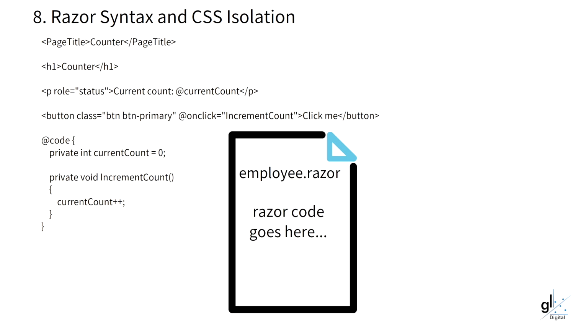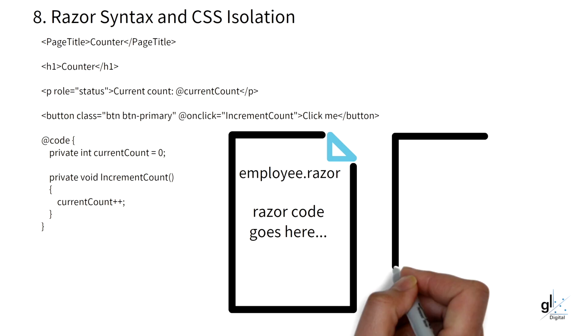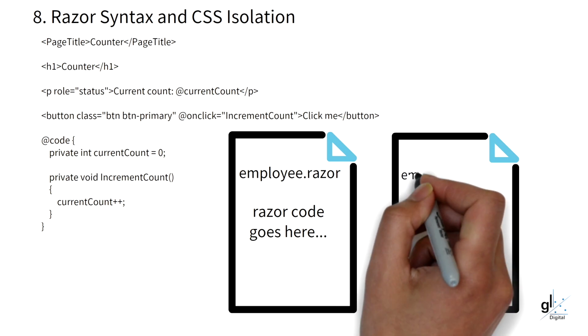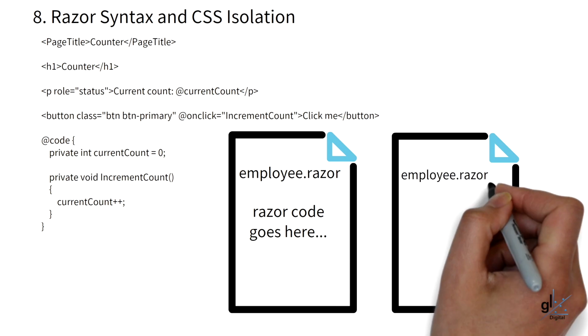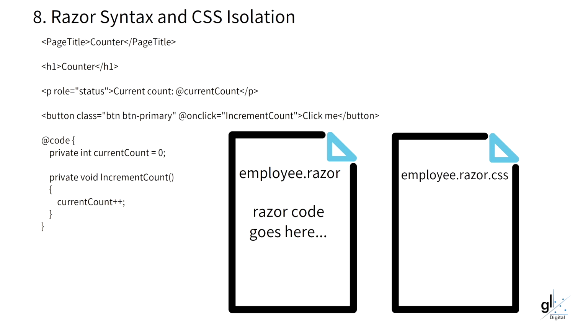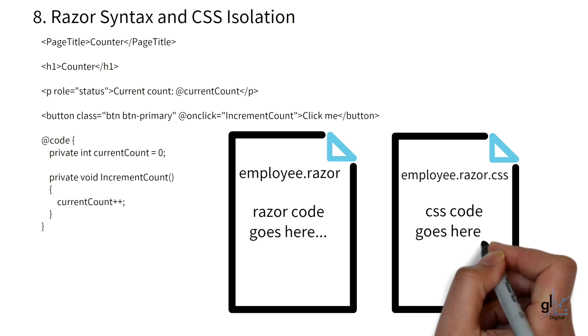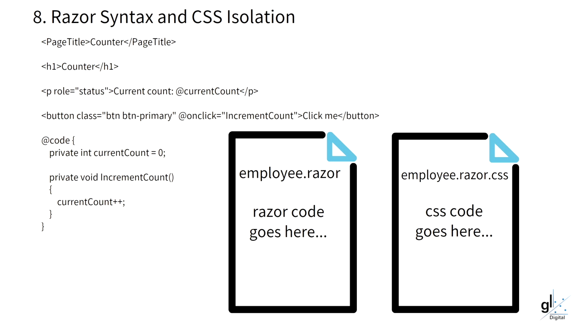You can achieve this CSS isolation through the creation of a style sheet with the same name as the relevant component and then appending .css to the end of the relevant file name. So if you had a Razor component named employee.razor, you could create a CSS style sheet that only affects this component in your app by naming the relevant CSS style sheet employee.razor.css.